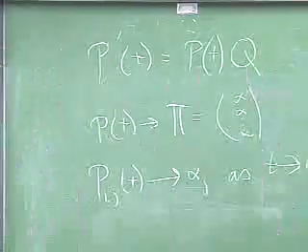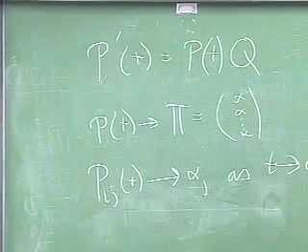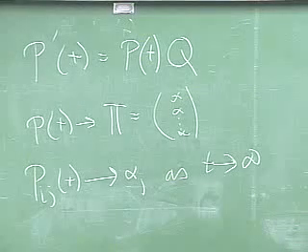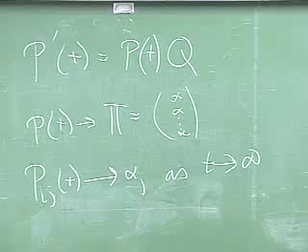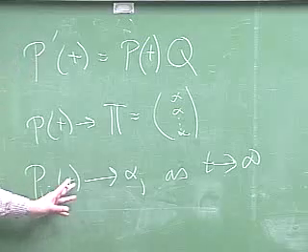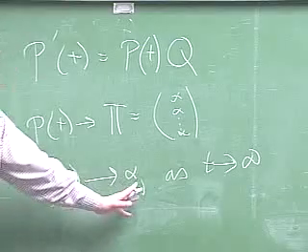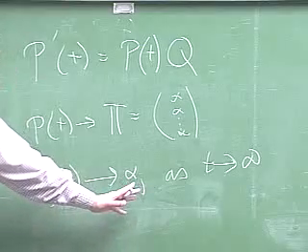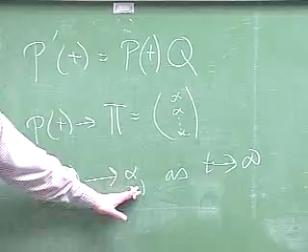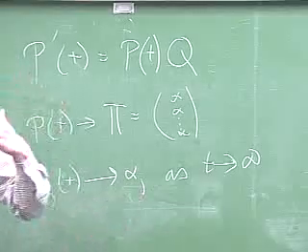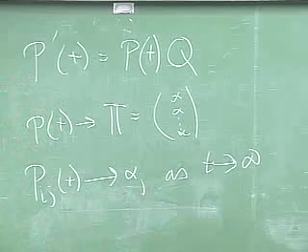The point here is we're going to assume, as before, the nice case where the chain is irreducible and positive recurrent. So in that nice case, we're anticipating that Pij(t), the probability of going from i to j in time t, is going to go to some limit as t goes to infinity. We'll call it alpha j. That's intuitively obviously what happens.